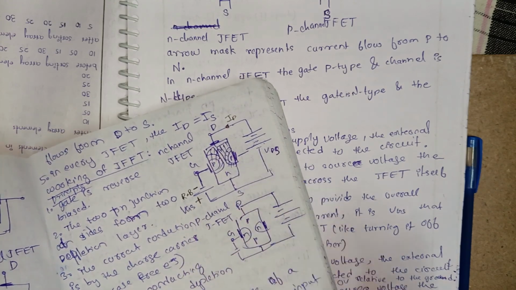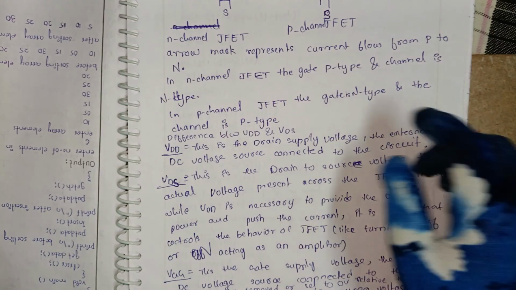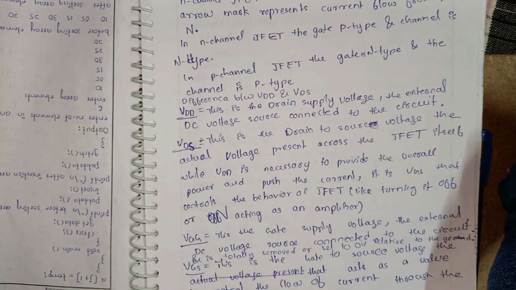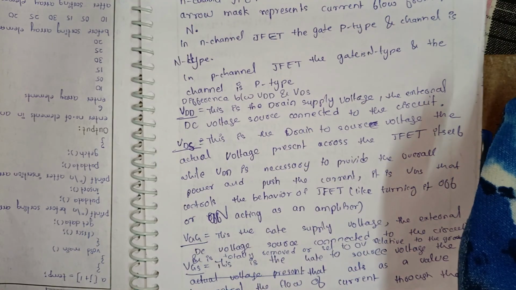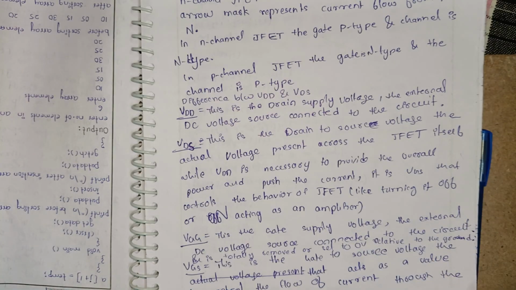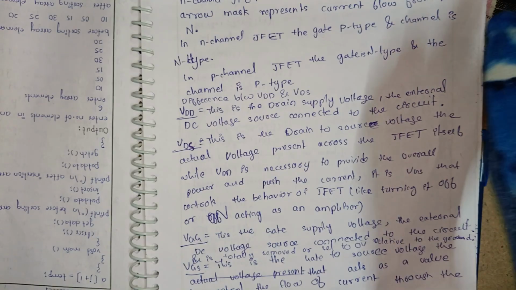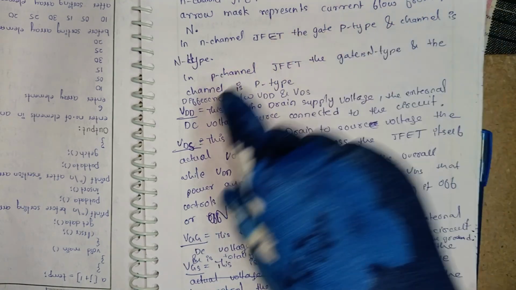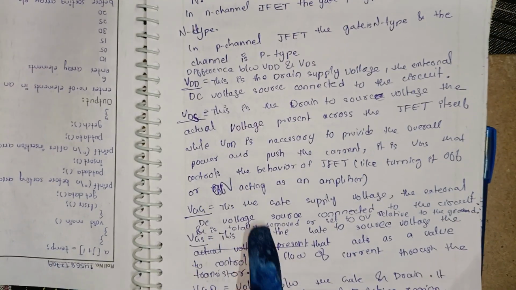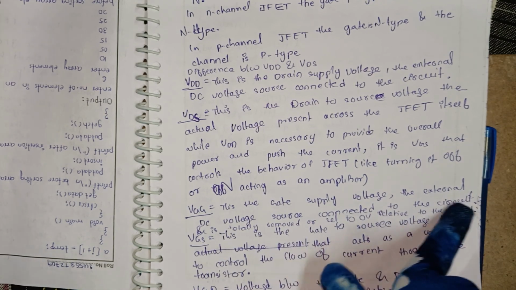VGS, as we have already seen in the working, controls whether the transistor is off or on, acting like an amplifier by widening or narrowing the depletion region. Then VGG is the gate supply voltage, the external DC voltage source connected to the circuit.